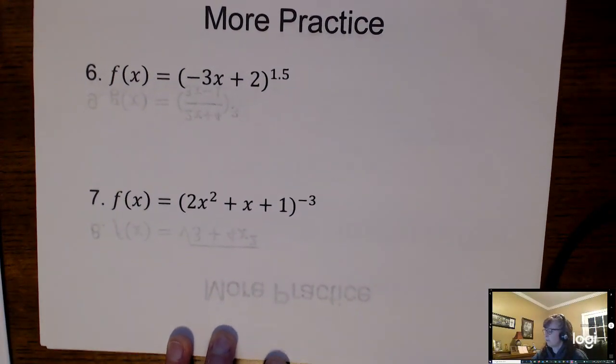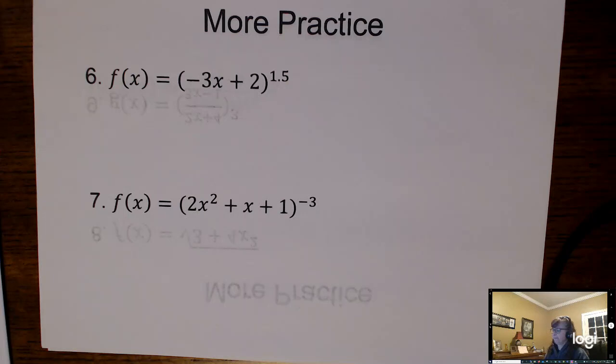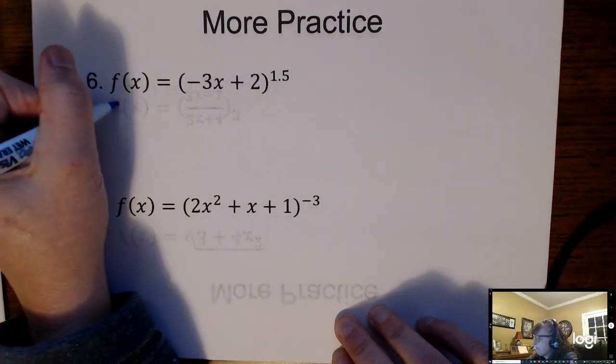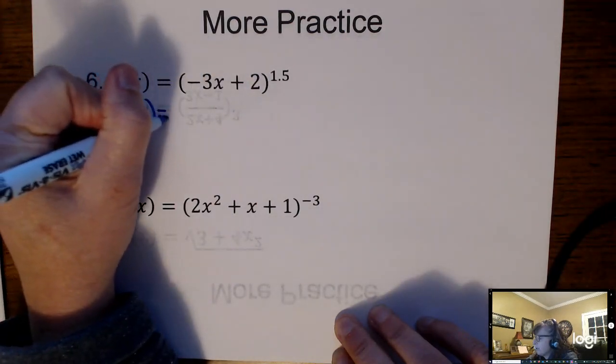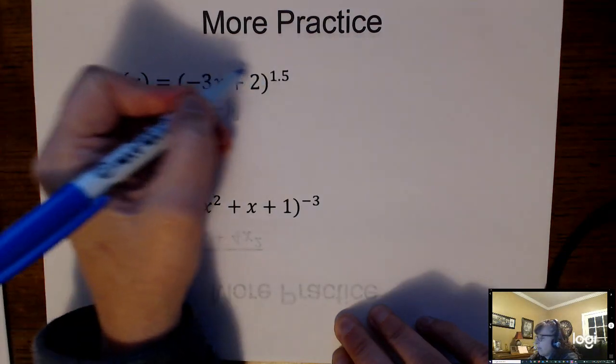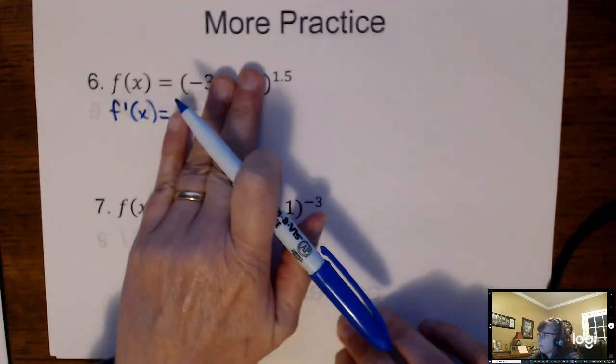Alright, here's a couple more to practice. You can pause the video and see how you do. Alright, so this one you don't have to rewrite, you're just ready to do the chain rule. So this would be like the derivative of the outside, so you just ignore what's in there.